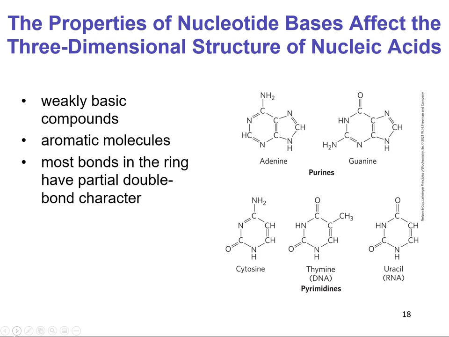We're not going to talk about the small differences between the purines and pyrimidines, like the purines being planar and the pyrimidines maybe puckering a little bit. But you do want to be familiar with these basic characteristics of being weakly basic, aromatic, and the double bond character.